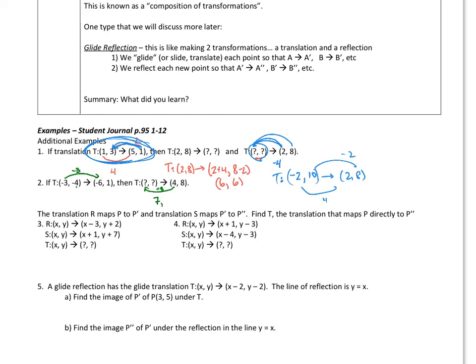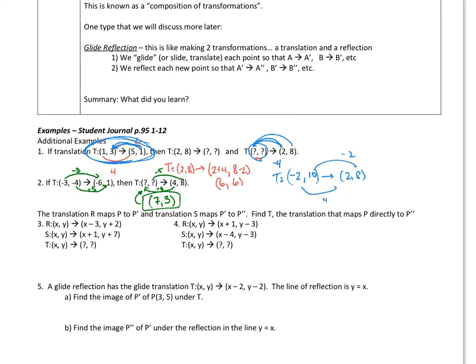Over here, in the forward direction, I went from negative 4 to 1, so that means I added 5. That's how I get from negative 4 to 1. So if I go backwards, I'm going to subtract 5. So 8 minus 5 would be 3. That would be the one that mapped to (4, 8).